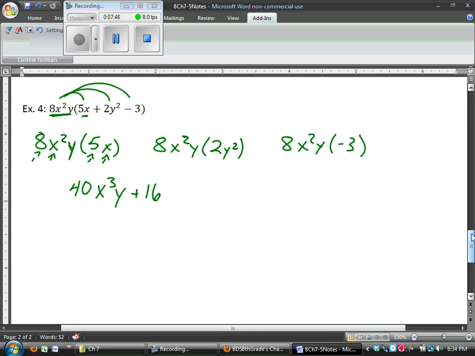X squared doesn't have anything to multiply it with, so it stays. Y times y squared becomes y cubed. And in the last section, 8 times negative 3 is a negative 24. My x squared doesn't have anybody, and my y doesn't have anybody. All alone. Okay? So there's our final answer.